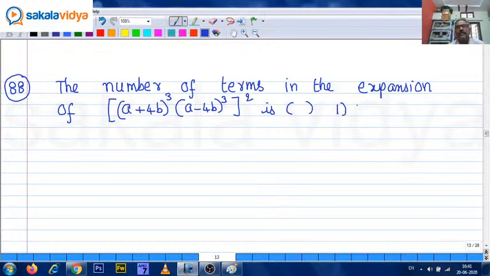First option is 6, second option is 7, third option is 8, fourth option is 32.